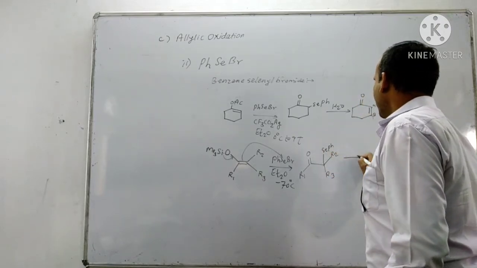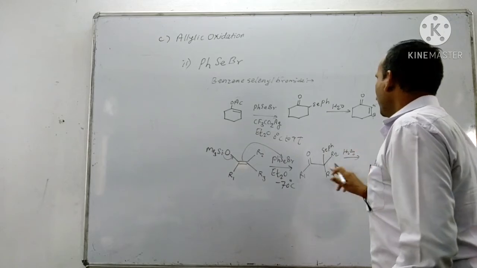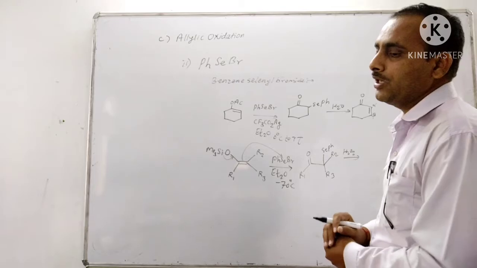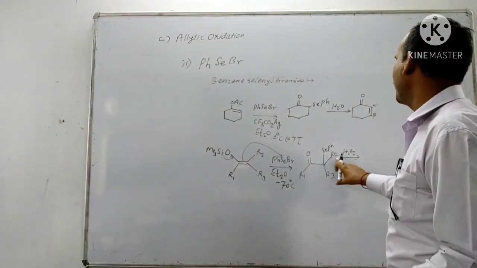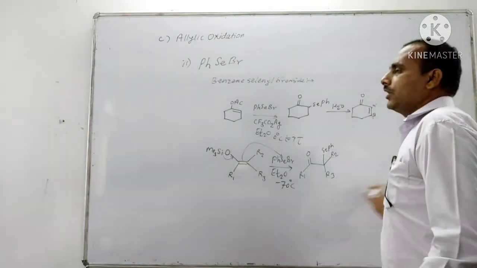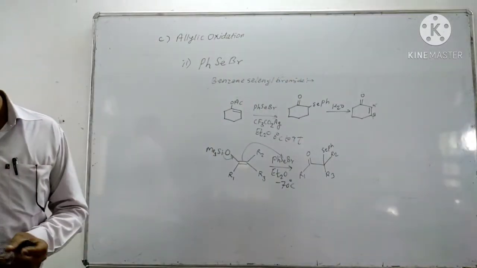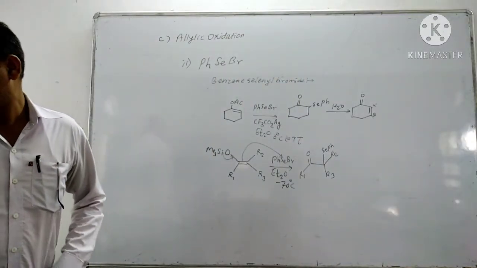Again this gets oxidized by H2O2 to form the double bond, and if there is a hydrogen present, then further formation of the alpha beta unsaturated carbonyl compound takes place.